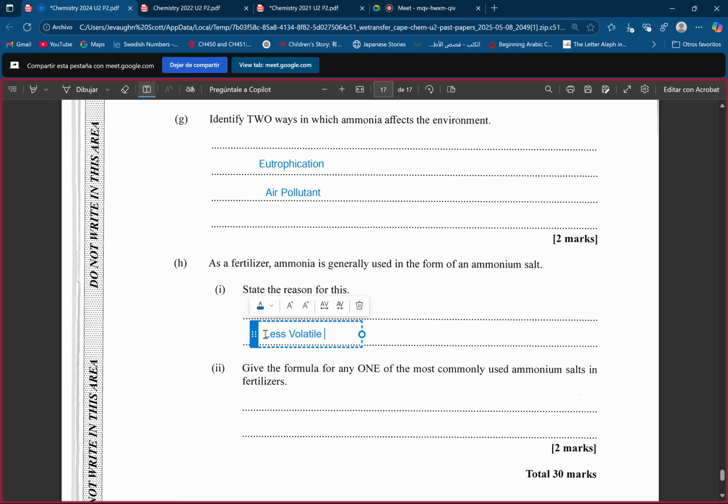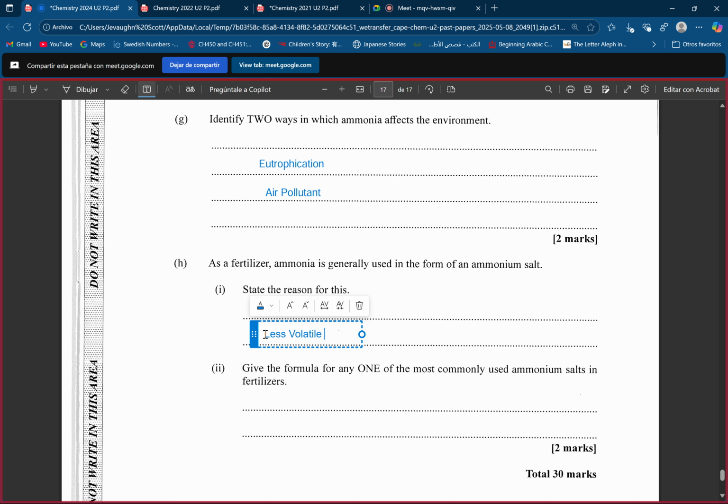So it won't evaporate. It won't just move away. So we want it to be embedded in the soil, only to be released upon activation with water. So with water, it will become dissolved ammonium for the plant to take up when necessary. So that is important. So we use that ammonium salt like ammonium nitrate, all right?